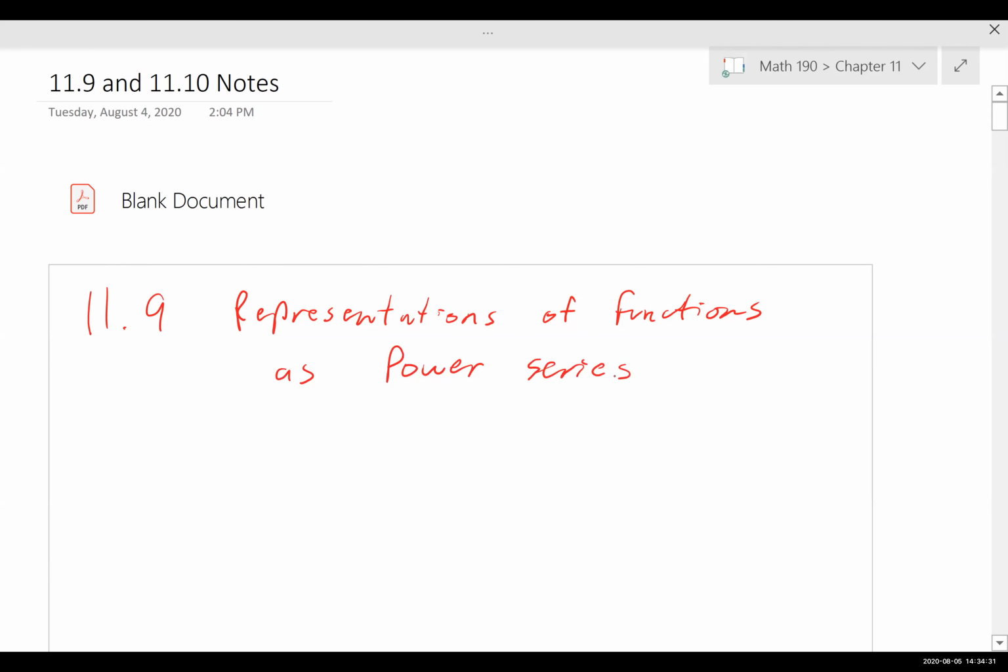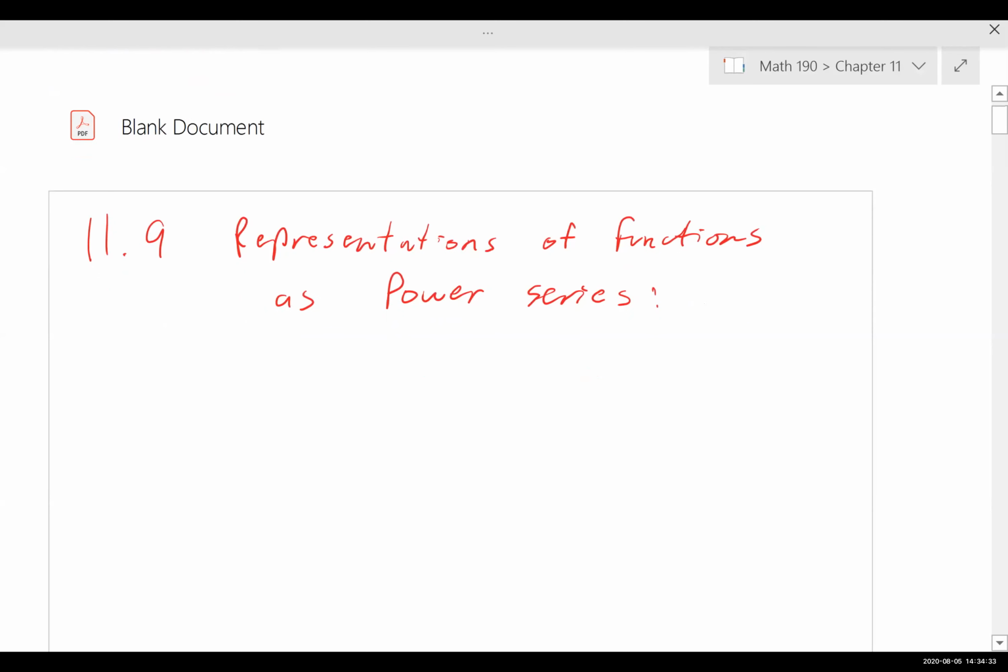Okay, so again, let's review what a power series was. A power series was the summation of c sub n of x to the n, for some c sub n. C sub n is just some function of n, and n equals 1 to infinity.